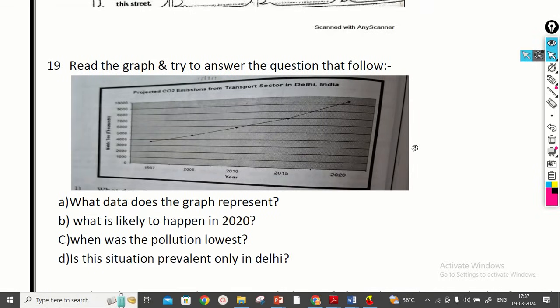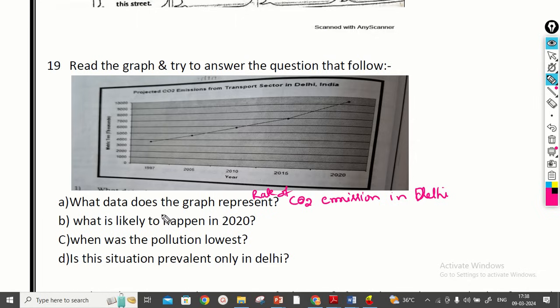Read the paragraph and try to answer the questions that follow. So here, by using this graph, we have to answer the questions. So observe the questions. What data does the graph represent? Here projected carbon dioxide emission from the transport sector in Delhi. That is, you write rate of carbon dioxide emission in Delhi.